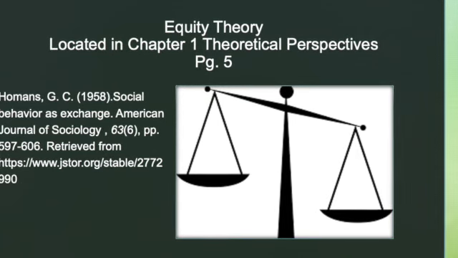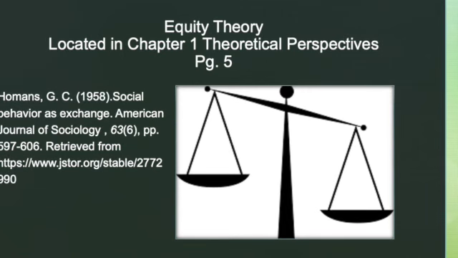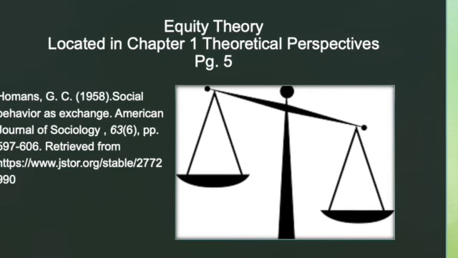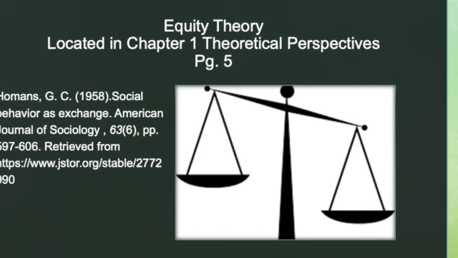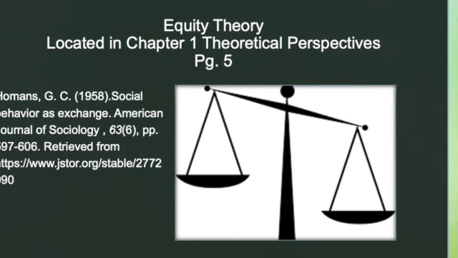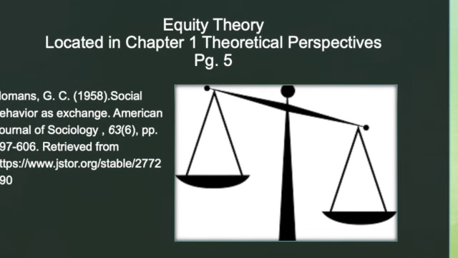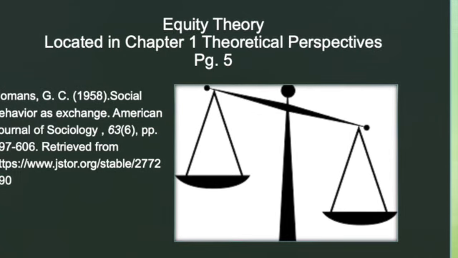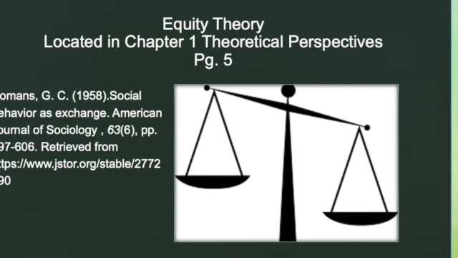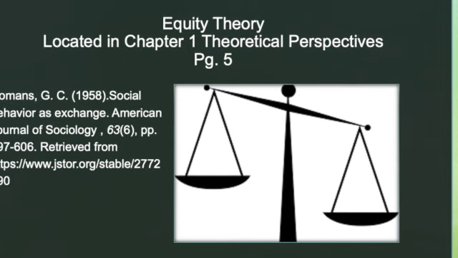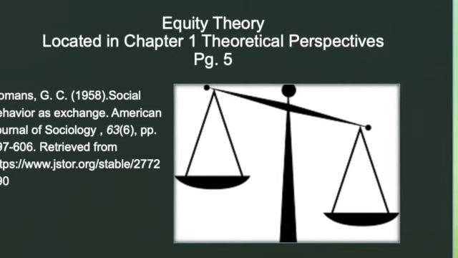And so this also ties into the textbook because equity theory deals a lot with distribution and the fairness of it. And so in the article, it's talking about it in terms of behavior, but in the textbook, it's talking about it in terms of goods and what a person values.